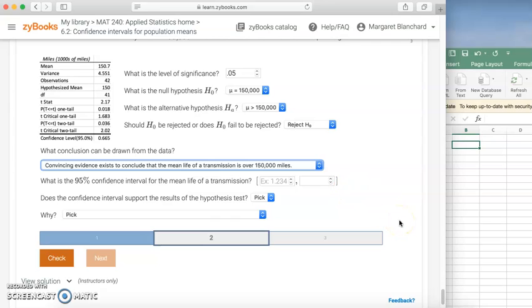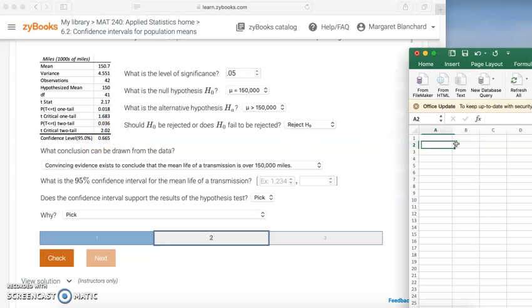What is the 95% confidence interval for the mean of the transmission? So now we have this confidence level. This is actually our margin of error, that 0.665. So what we need to do is find our lower bound, and we know that that's going to equal our mean, which is 150.7. That's from right here. And we're going to subtract that margin of error, 0.665.